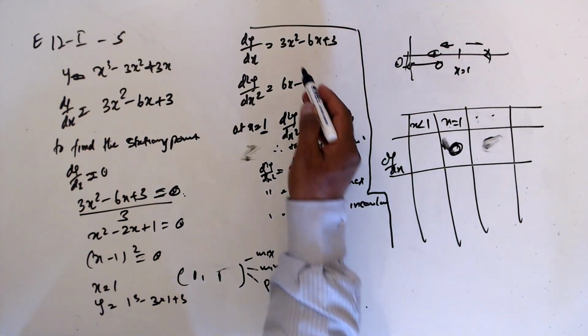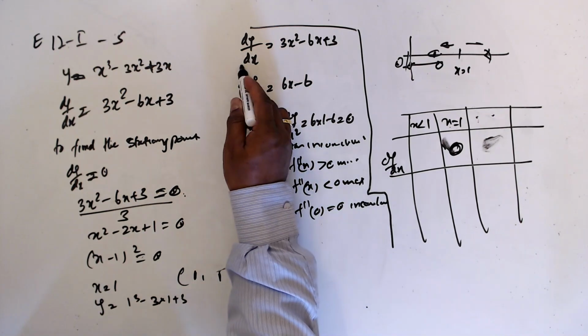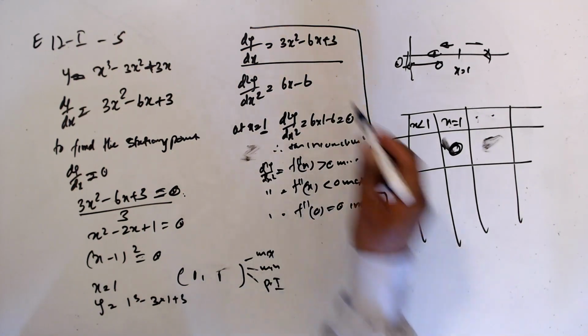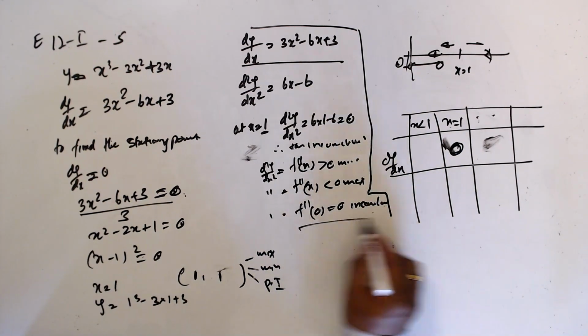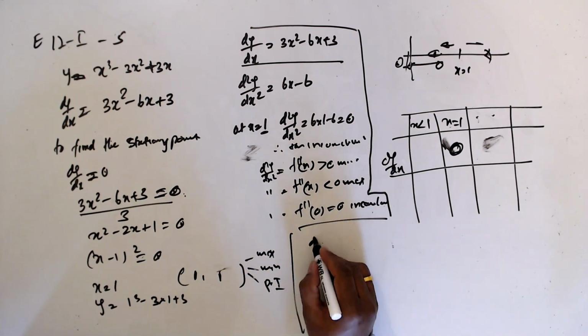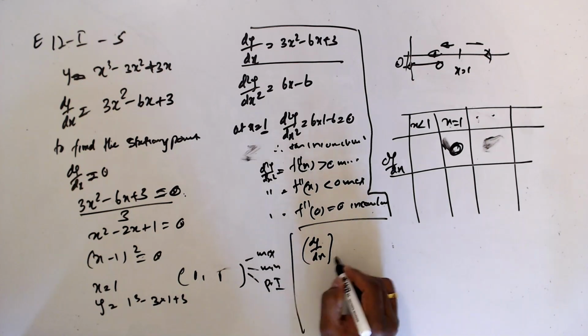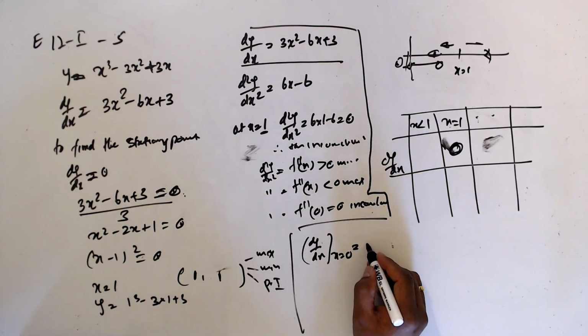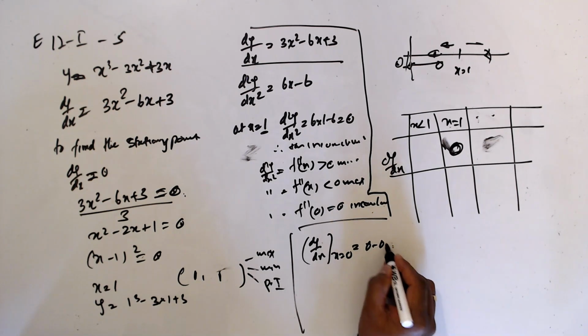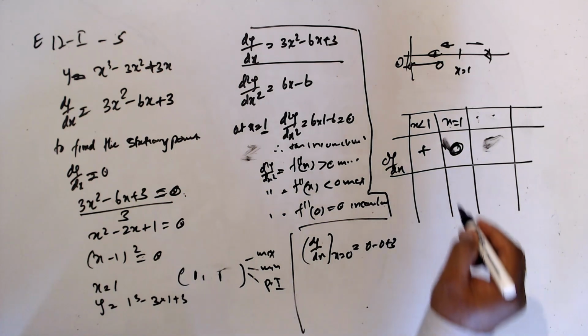So when I put 0 into dy by dx, when x equals 0, this is going to be 3 times 0 minus 0 plus 3, that is positive.